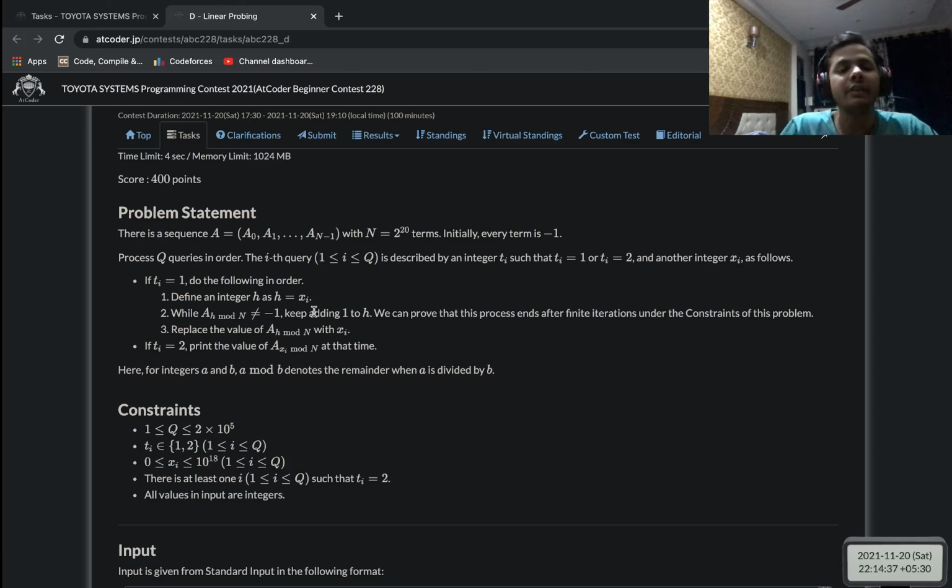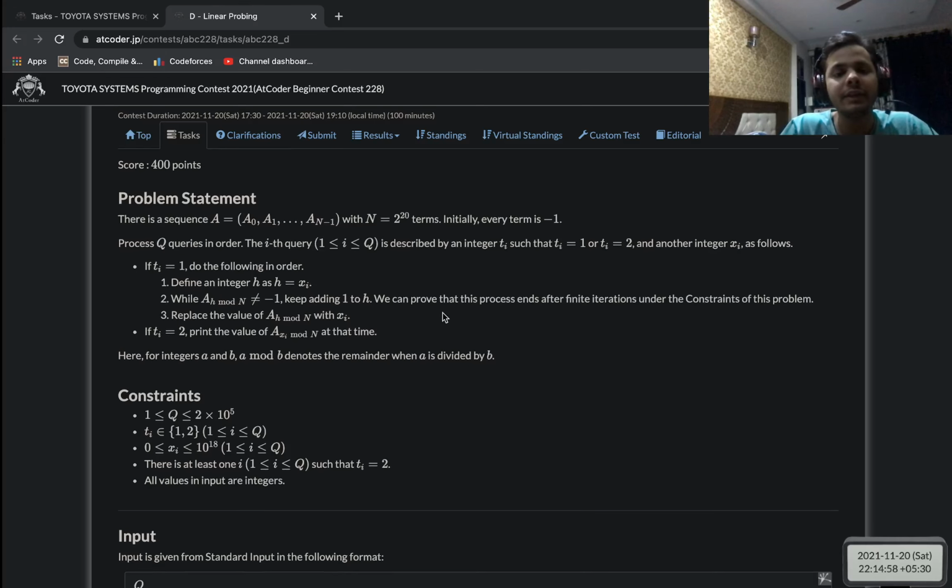But if a of h mod n is not equal to minus 1, you keep going right. You start from h mod n and keep going right, and you won't stop even if you reach the end of the sequence, because you go cyclically. Once you find a minus 1, you have to stop there and replace that index with xi.